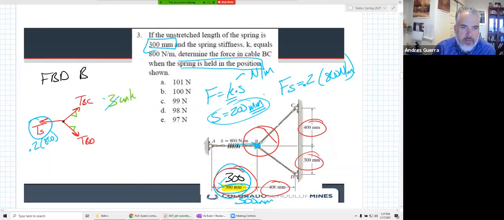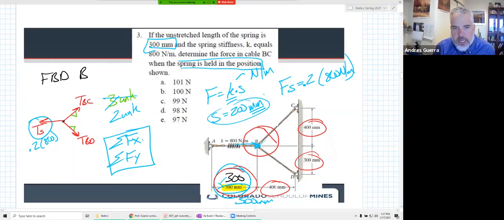Now we have two unknowns. And so now we can sum forces. Should we do some forces in the X? Should we do some forces in the Y? We know those are our two options. In this case, if we sum forces in the X, we'd have two unknowns. If we sum forces in the Y, we'd also have two unknowns. So it looks like we're going to need both of those in order to solve our problem.